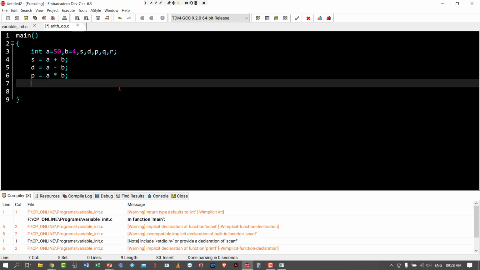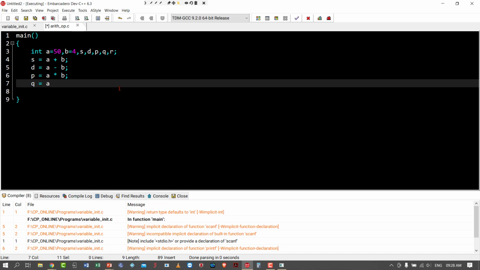Ranveer, what is q? Ranveer, can you hear me? What is quotient, sir. Okay, how do I calculate the quotient? Sir, we divide a by b. What is the symbol for division? Slash, sir.